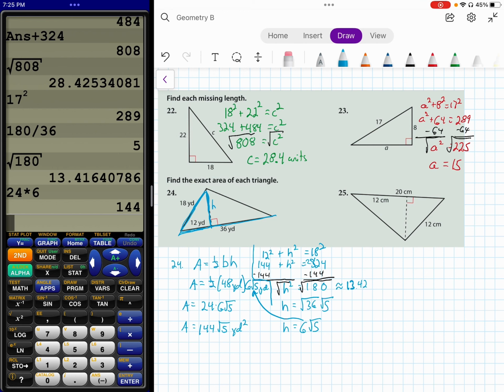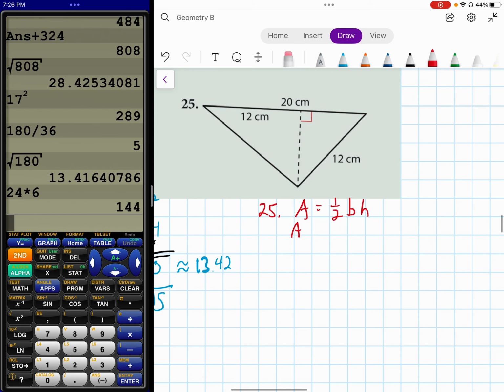25 is going to be similar. We know area is 1/2 base times height. Just zoom into this one question. So we have 1/2 the base, which is 20.